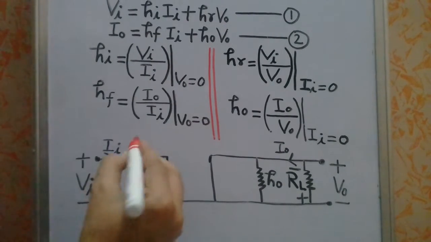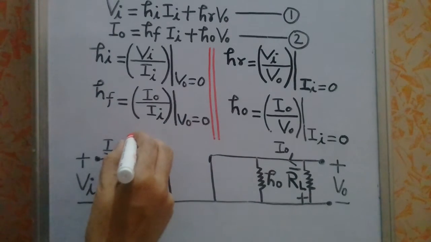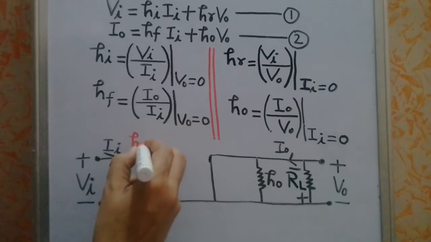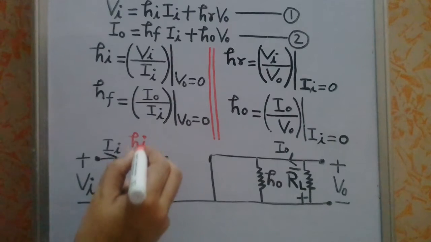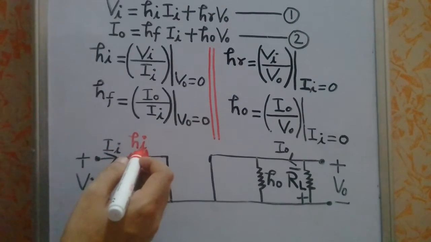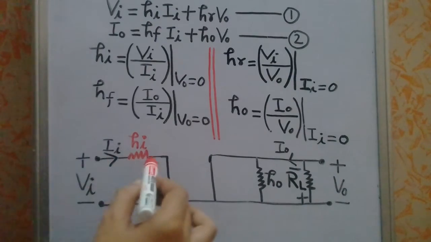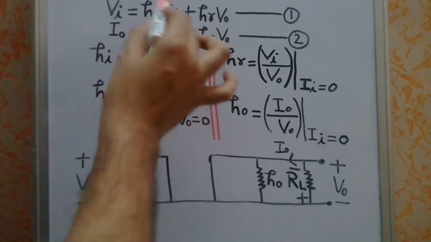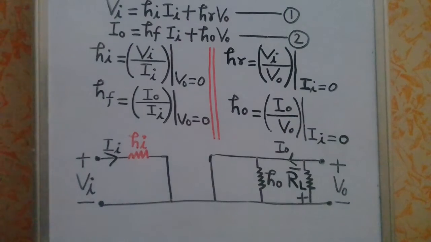This parameter you will call the input impedance hi, right? So when this current Ii flows in this hi, it will give you voltage drop Iihi. That is the first term of equation number 1.